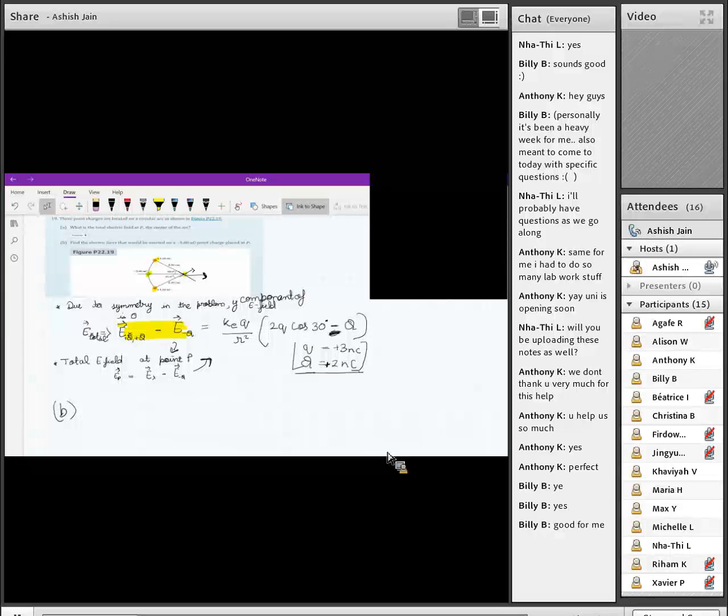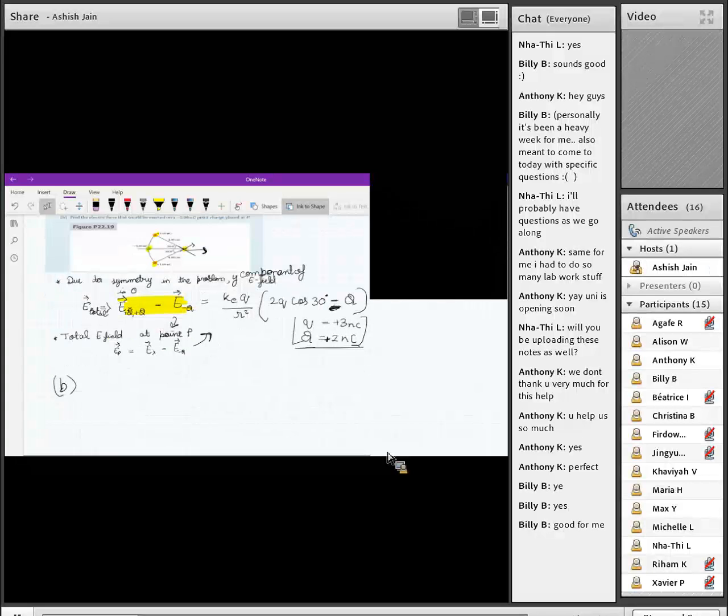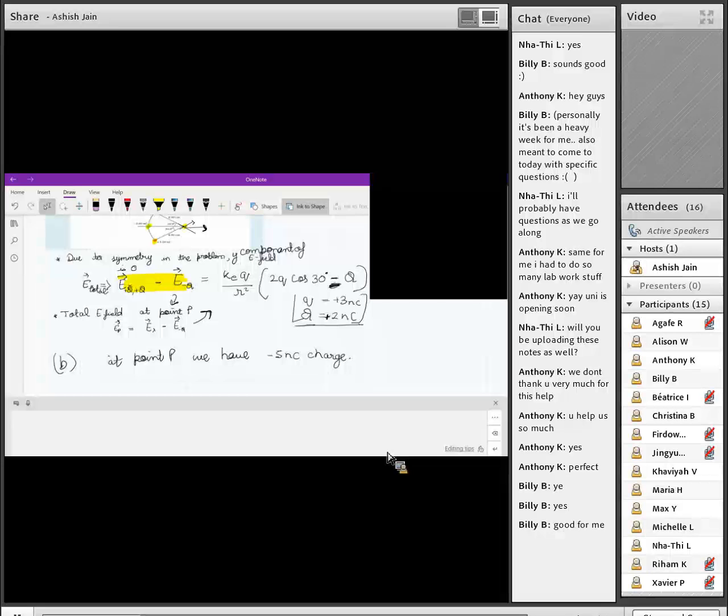Now find the electric field that would be exerted on a minus 5 nanocoulomb charge if at point P we have a minus 5 nanocoulomb charge.